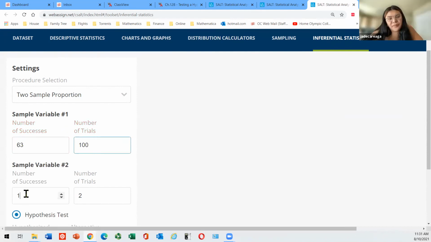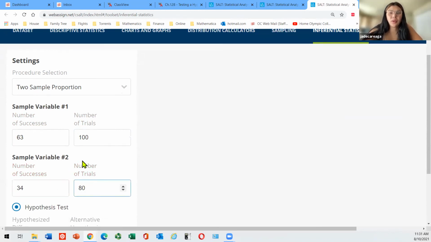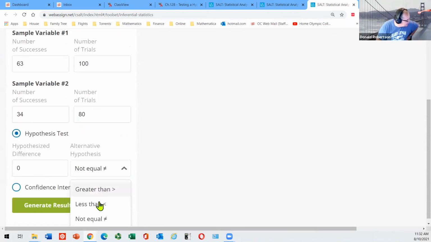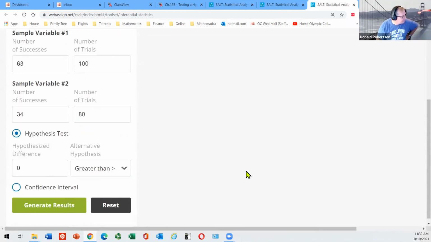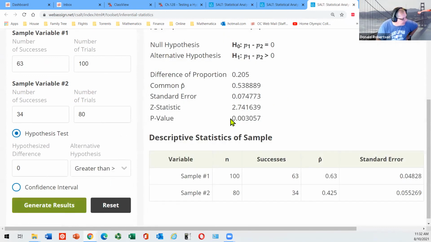And the men 34 out of 80. And then we're trying to prove that the women have a larger percentage, so it's a greater than. Then I generate results, and there is my p-value. Perfect. Got it. Any other questions right now?